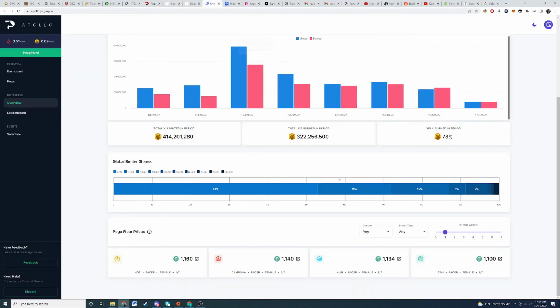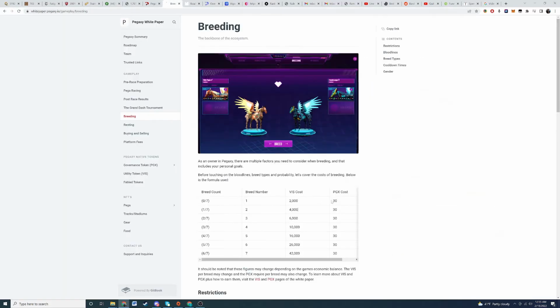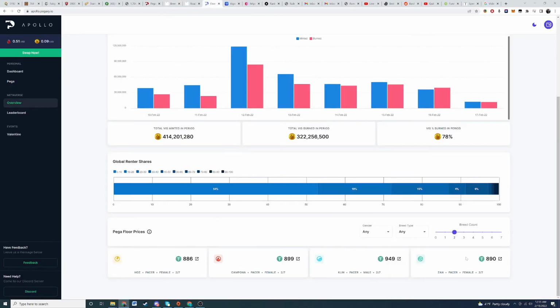So that's why people are setting the prices the way they do. If we go up to a 2nd breed, oh look, it's about $200 again, cheaper. And if we go back to the breeding table, it is about another 2,000 VIS in cost. So the correlation in costs for the vast majority of Pegas pretty closely adheres to your VIS cost for breeding.